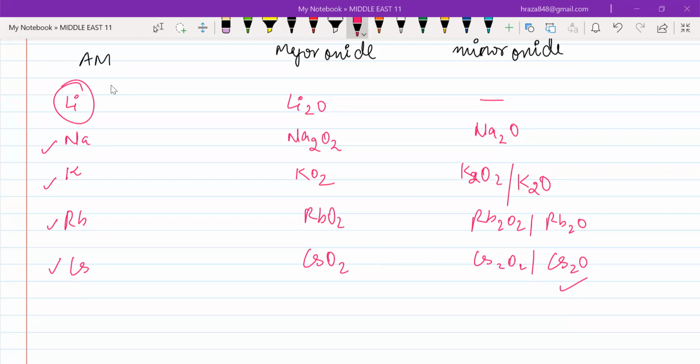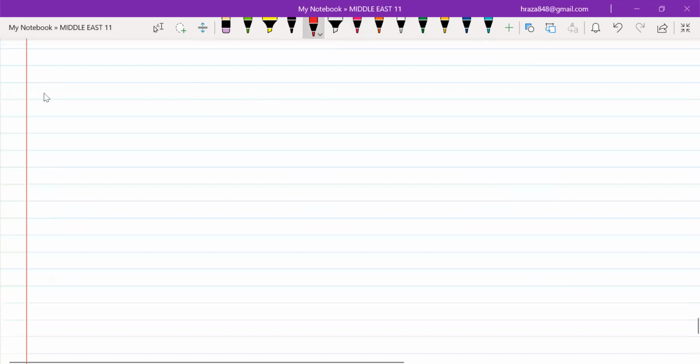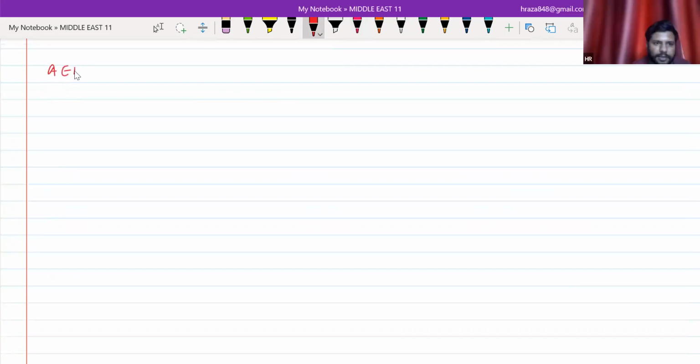Done with this? Done, sir. Very good. This is alkaline earth metal, and this is air, that means O2 plus N2. If beryllium reacts, it will form beryllium oxide as well as Be3N2, nitride.